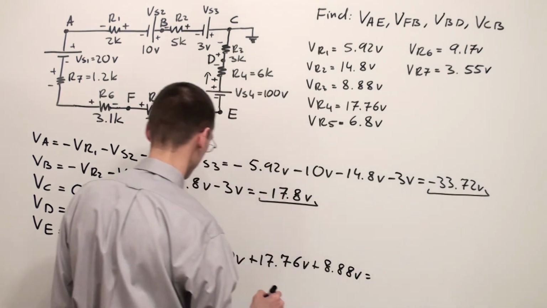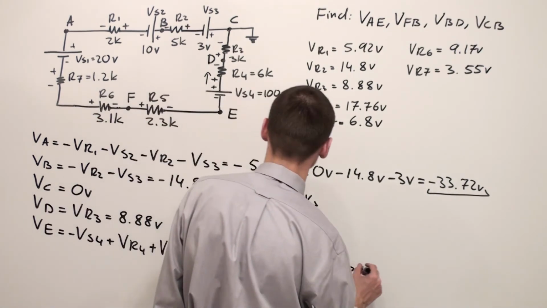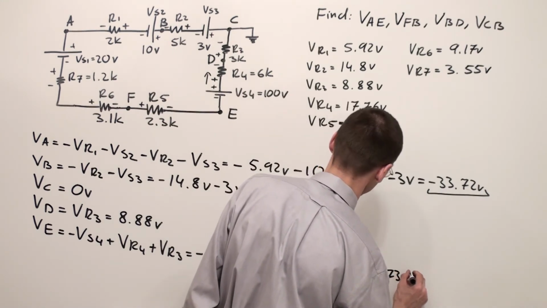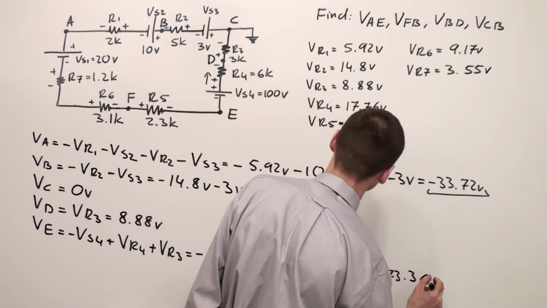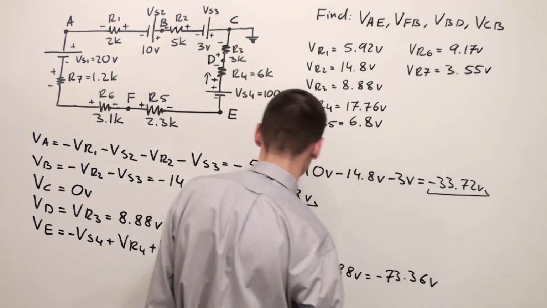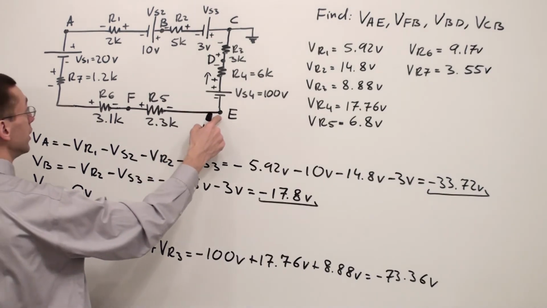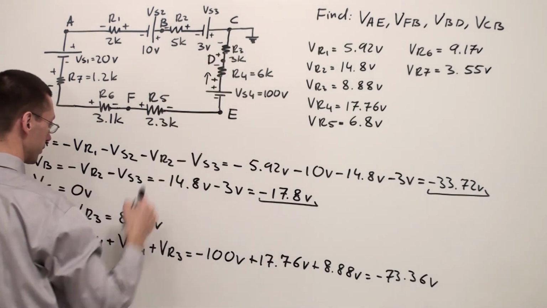This is equal to VE: minus 73.36 volts. This is the voltage between point E and ground.